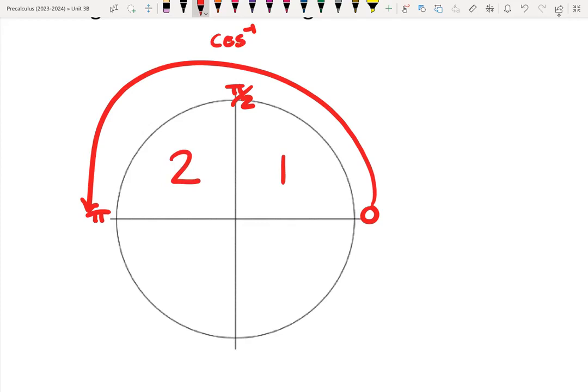So which two do we get to cross out? 3 and 4. Those aren't used in cosine inverse. So this is different from sine. Sine was 1 and 4. Cosine is 1 and 2. Nice thing about doing from 0 to pi is I don't have to worry about any negative angles. I can just read it from the unit circle and be good.